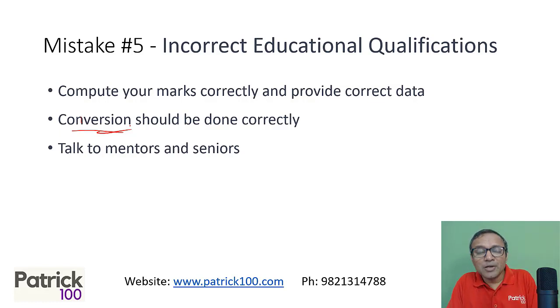I've known people whose marks were entered incorrectly, and they had to correct the marks, because they check the marks when you go for the interview, whether it is as per their specification. So ensure that you enter your marks properly as per the specifications. Putting in higher marks or a higher conversion rate doesn't help you get more marks. They'll anyway cross check and verify it. So ensure that you put in the data properly, find out the conversion rate from your university or your seniors, and then fill it up.